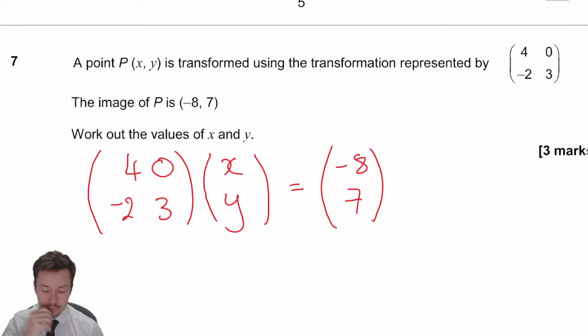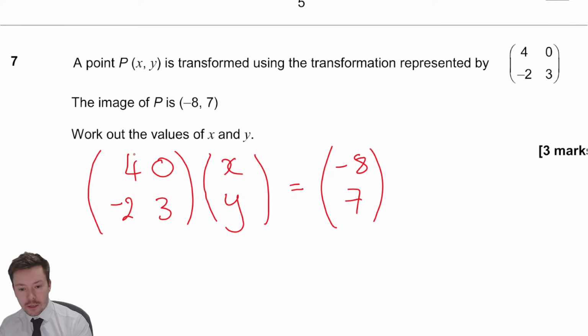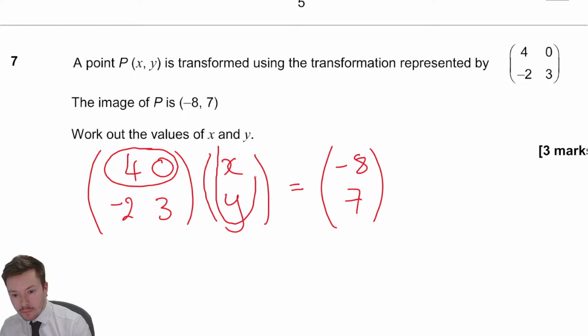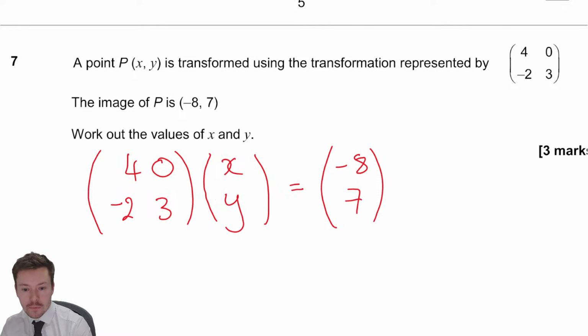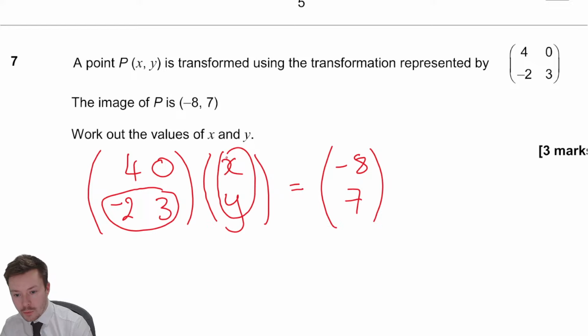The way we do this is you take this bit and you multiply it by this, and that would give us -8. Then you take this bit, -2 and 3, and you multiply it by xy, and that's going to give us 7.